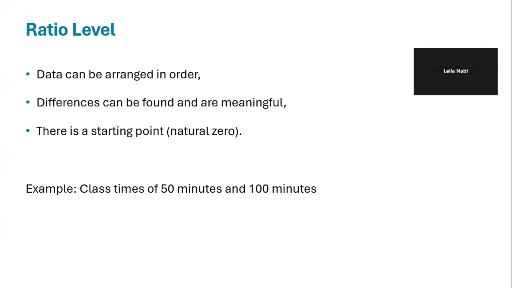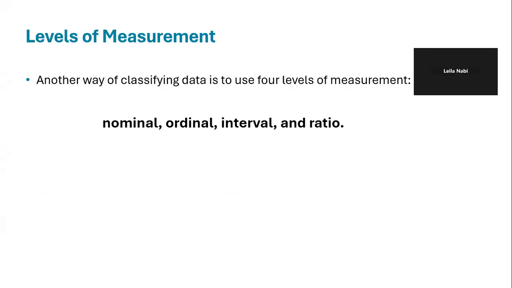Just make sure to remember all these levels of measurement in the order that we talked about them, because if you learn them in order, it's easier to understand. Nominal are just names, labels, or categories. Ordinals are names or numbers that you can put in order.